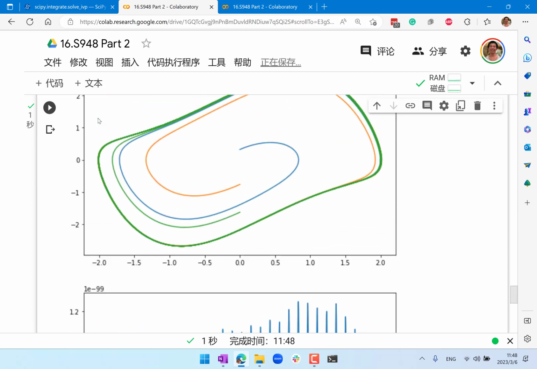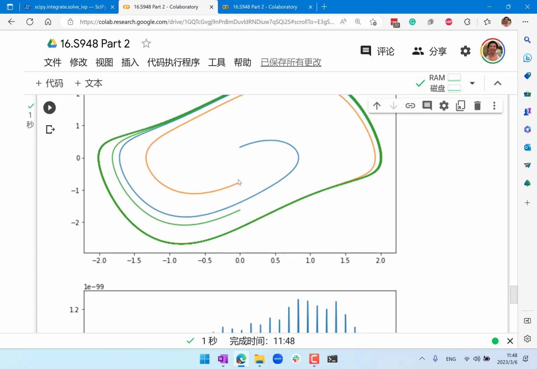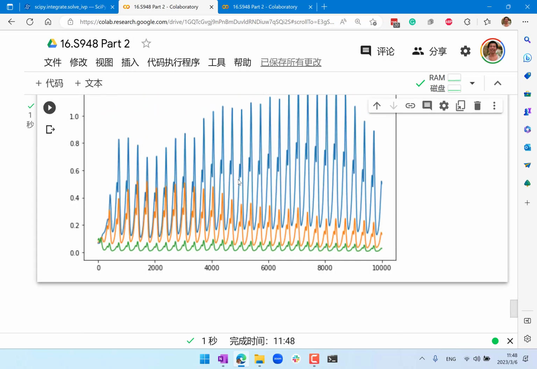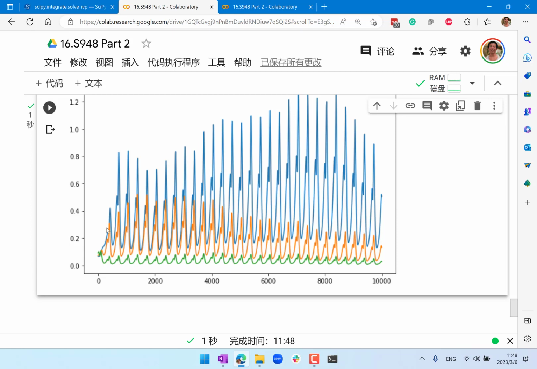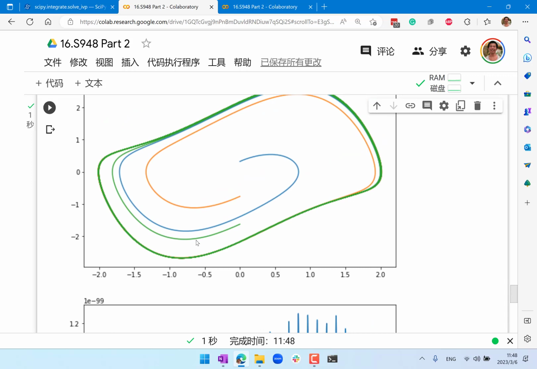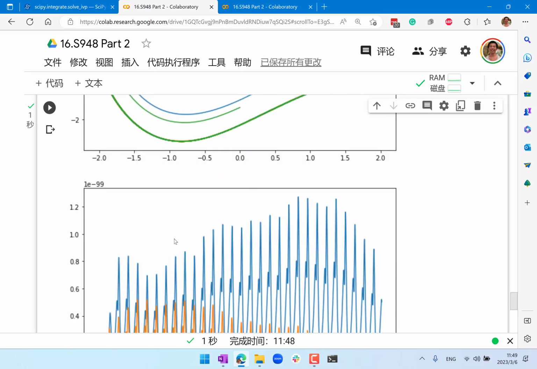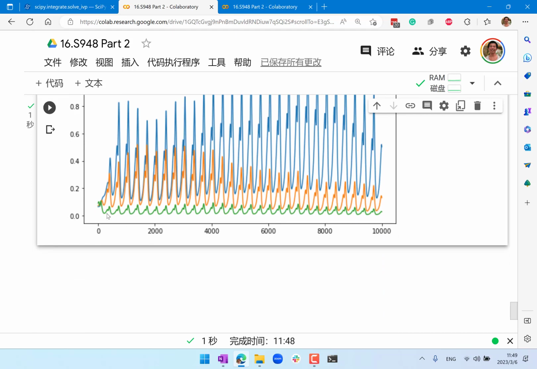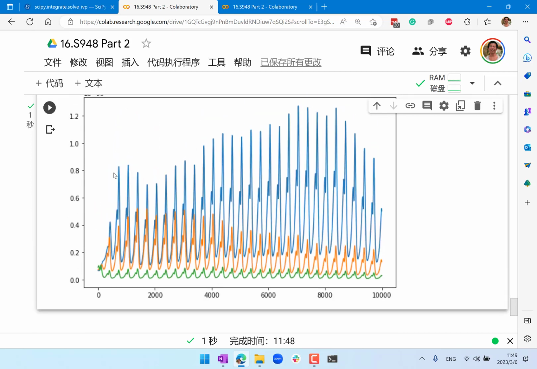Again, for the blue and orange ones, they start relatively close to the origin, so they see initial growth in the magnitude. For the green one, it started more outside, closer to the existing limit cycle, so we don't see as much initial growth. But afterwards, what is the behavior of the magnitude of this perturbation?